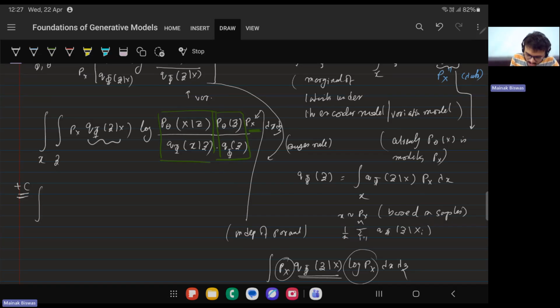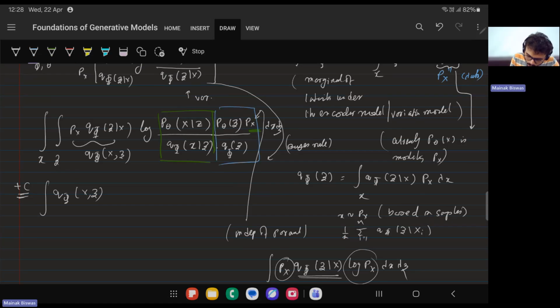This term over here, what can I write this as? I can write this as p of x, right? If I multiply these two, I will get q phi of x comma z, the joint distribution. Once I get the joint distribution, I can write this as q phi of x comma z. I'll use different boxes to represent this, then it'll be easy for you.